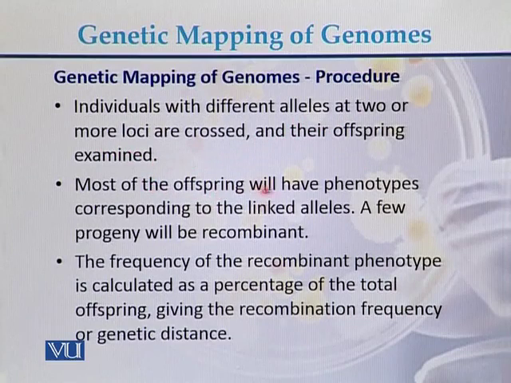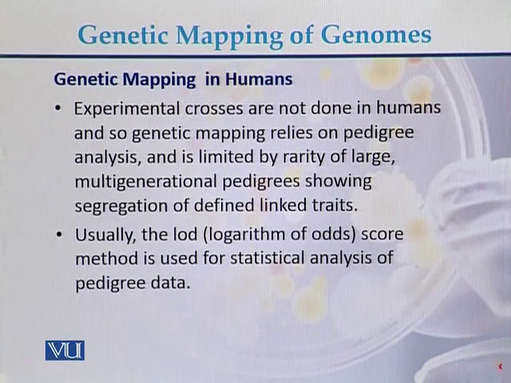Most of the offspring will have the phenotype corresponding to linked genes. A few progeny will be recombinant. The frequency of the recombinant phenotype is calculated as a percentage of total offspring, giving the recombination frequency or the genetic distance. Experimental crosses are not done in the case of humans.